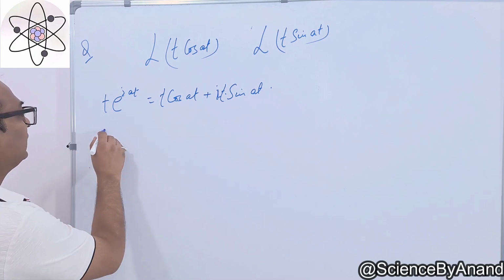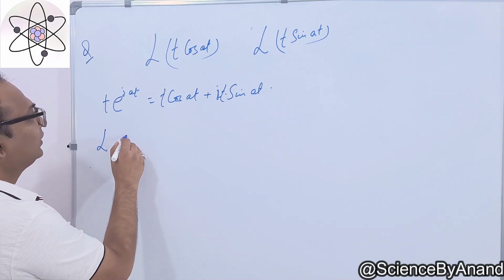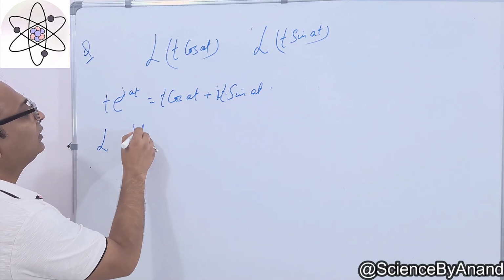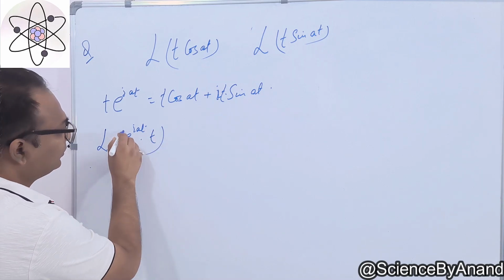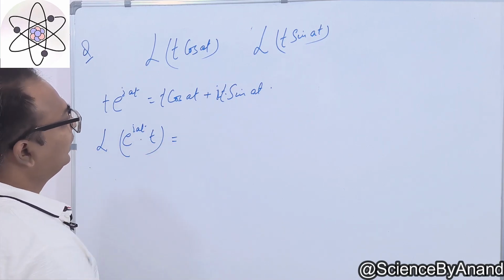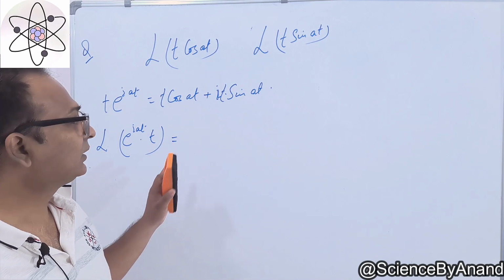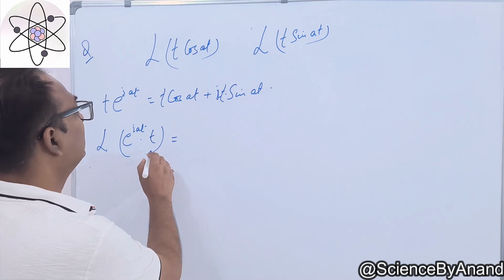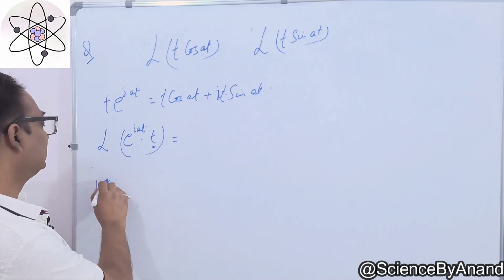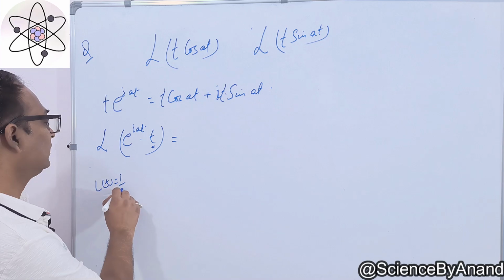So we take the Laplace transform of e to the power iat into t. By our first shifting property, the Laplace transform of t is 1 by s square.